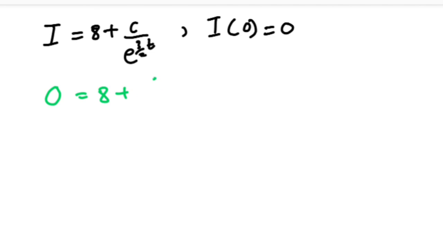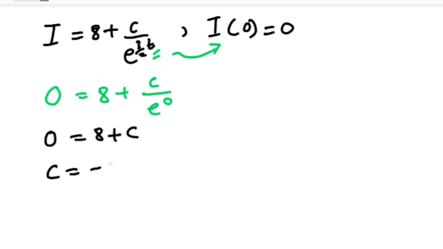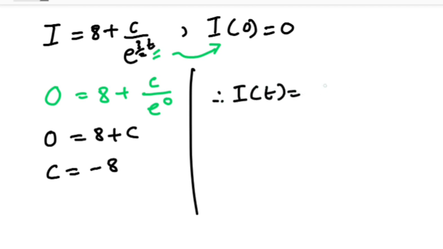When t is 0, we get c over e to the power of 0, and I is 0. So 0 = 8 + c, because e to the power of 0 is 1. So c equals negative 8. Resubstituting, I = 8 - 8/e^(3/2 t). That is our I.